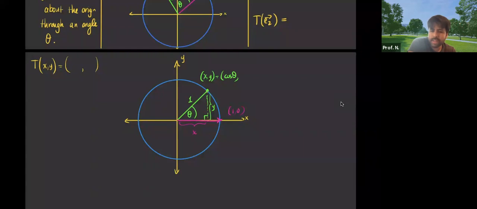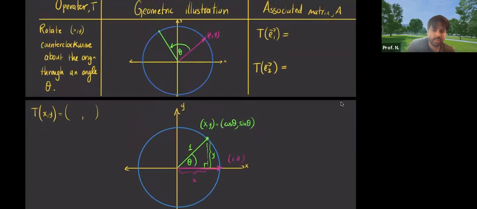So opposite theta, and you know the hypotenuse is 1, it would be sine. Sine of theta is y over 1, which means that y is sine theta. So guess what? When I apply the rotation operation to E1, I get cosine theta, sine theta. Do you guys see that?